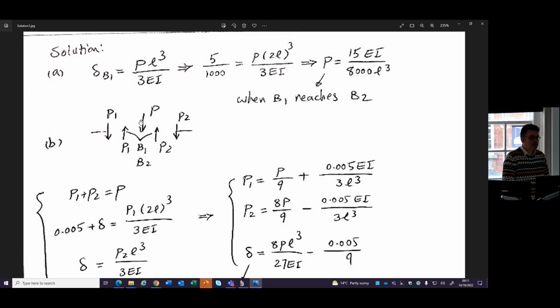In this cut section I write the summation of F along y direction equal to 0. So I come up with P1 plus P2 should be equal to P, right? Any question here?